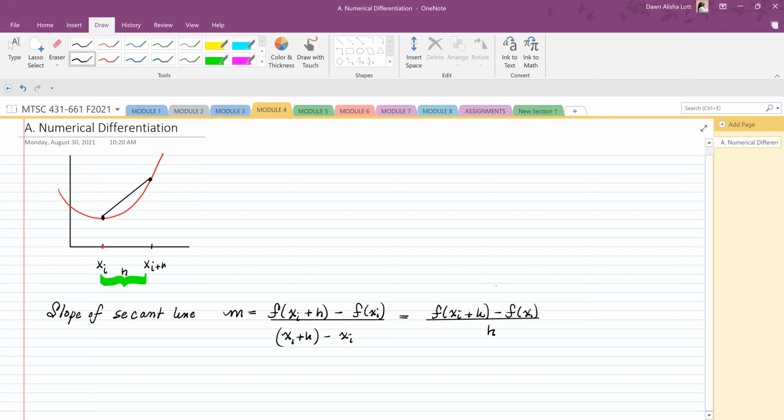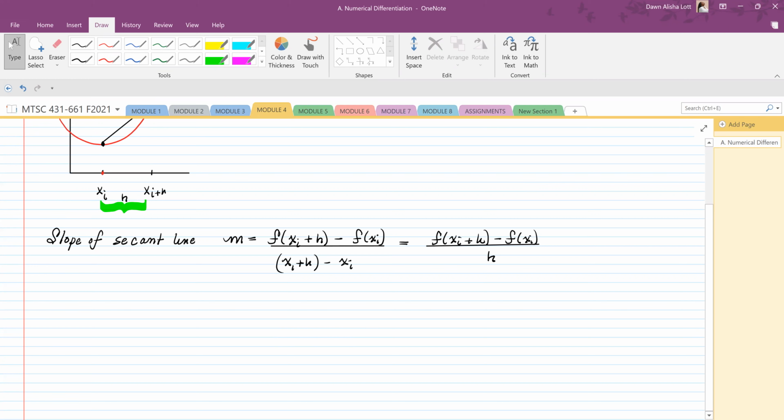And then we go into what calculus is really about, and that is the derivative. f prime of xi is actually the limit. So this is the slope of the tangent line at xi.